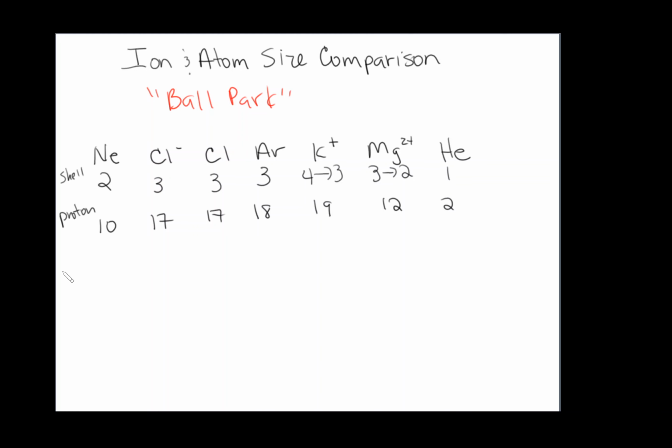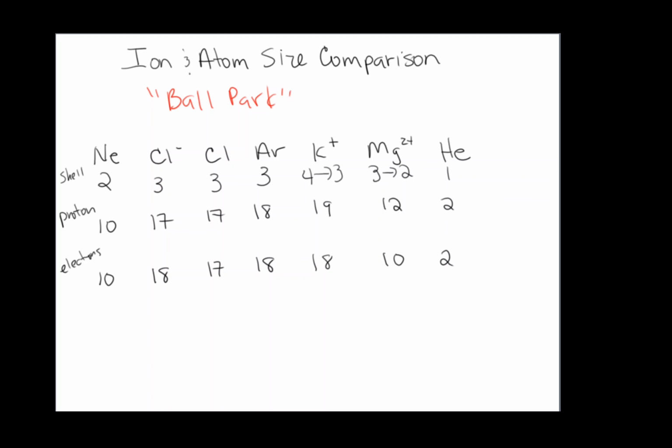All right, now let's talk about electrons. Neon is neutral, so it has 10. Chloride has gained 1, so it has an extra electron. Chlorine is neutral. Argon is neutral. The potassium has lost 1, so it's 18. Magnesium has lost 2, so it's 10. And helium is neutral, so it has 2.